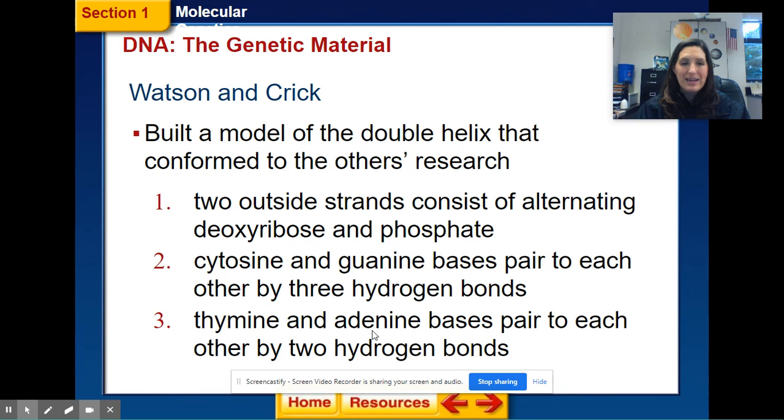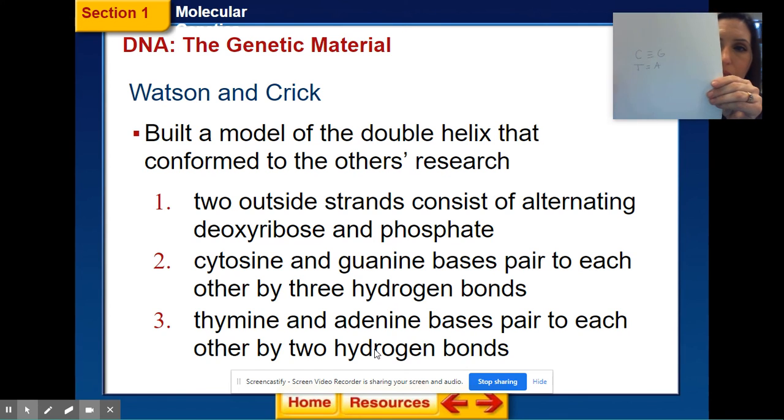Thymine binds with adenine, and this forms the base pairs, and they have 2 hydrogen bonds between them. So C binds with G with 3 hydrogen bonds. Okay, I'm going to try to write this down real quick for you. And T binds with A with 2 hydrogen bonds.